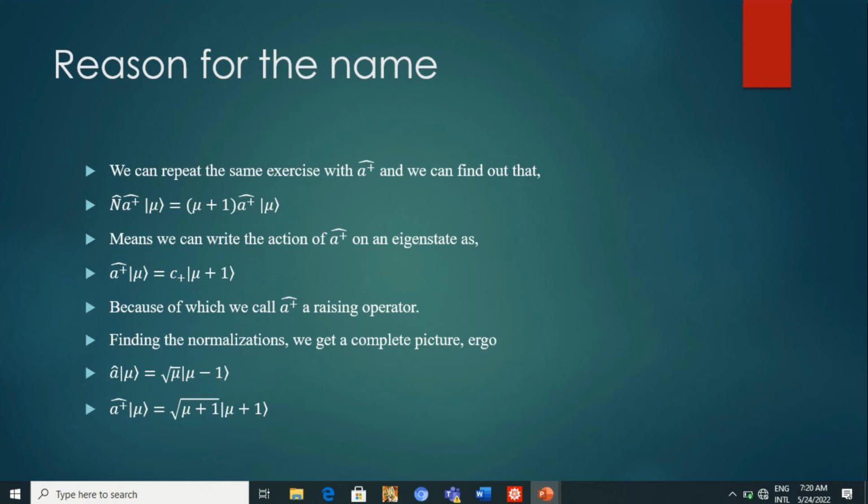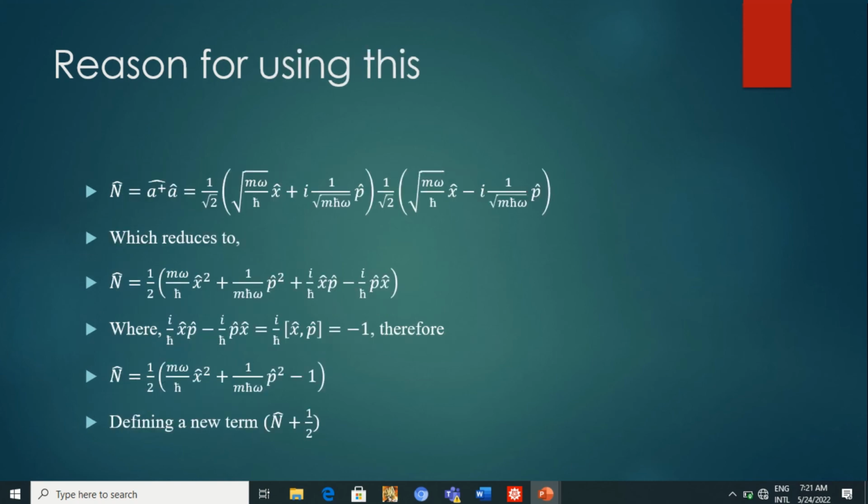And similarly, the number operator tells you about the total energy values. You can also say that the ladder operator decreases the total number of energy eigenstates by 1, or increases it by 1. Why do we use it? Why bother? Now you see, we have this shape for our number operator, which reduces to the second last term that we see in this slide.